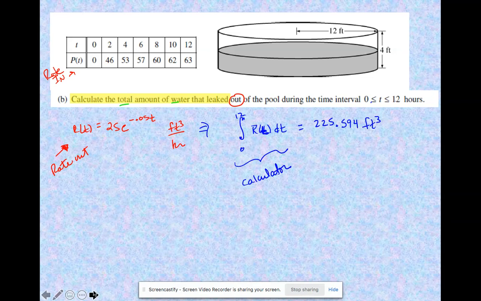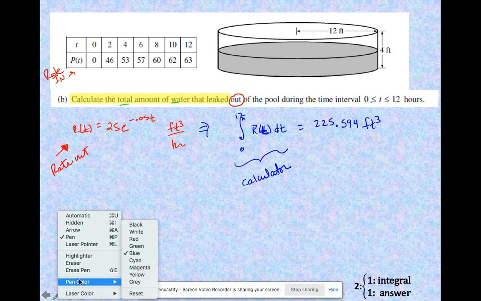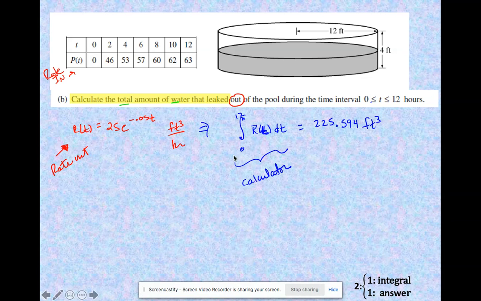So this was part B, and part B had 2 points associated with it as well. 1 point for the integral. You cannot write calculator notation. You can't write MATH 9 or anything like that. You have to write the integral notation. They're going to expect to see the bounds 0 to 12 and the function in here.